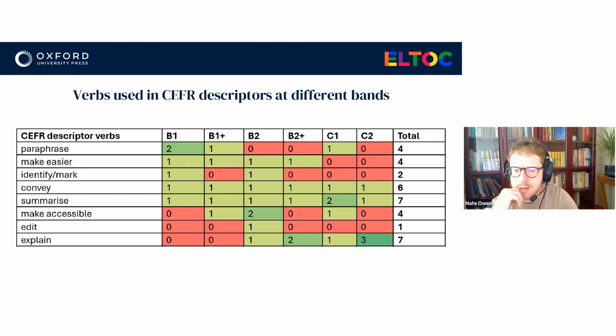But then the CFR can be quite patchy in other ways. So whereas, for example, summarizing extends across the CFR, paraphrasing does not. Paraphrasing, for some reason, is a skill centered at B1, B1+, then disappears completely at B2, and then comes back again at C1. I can't explain that.